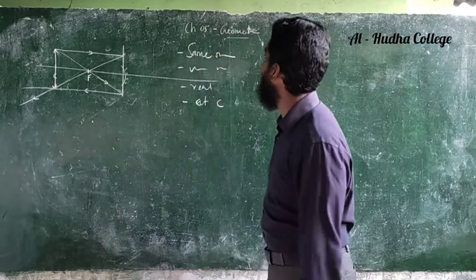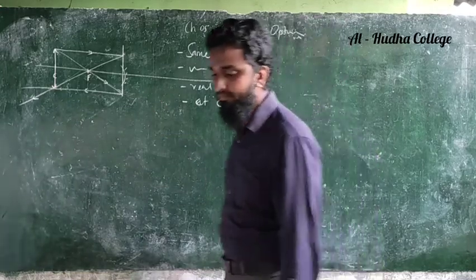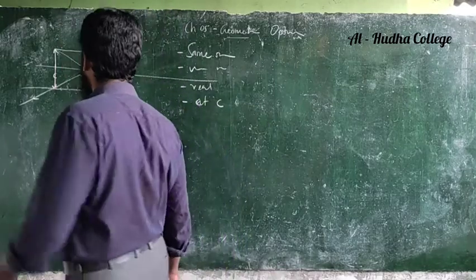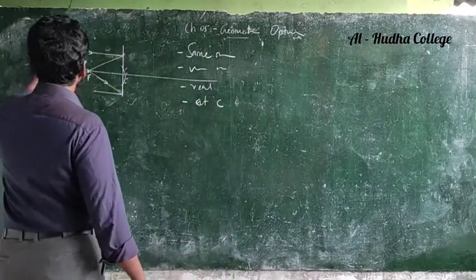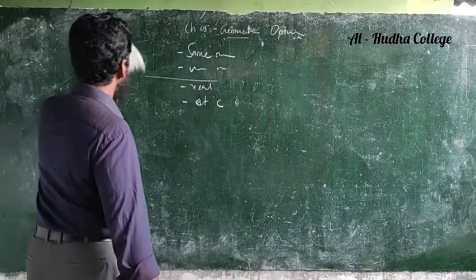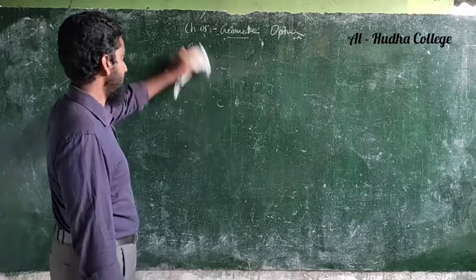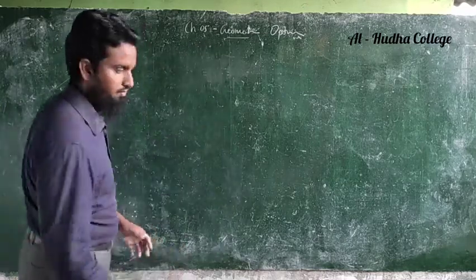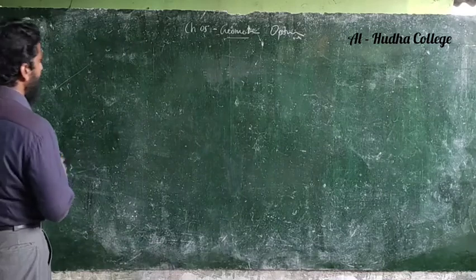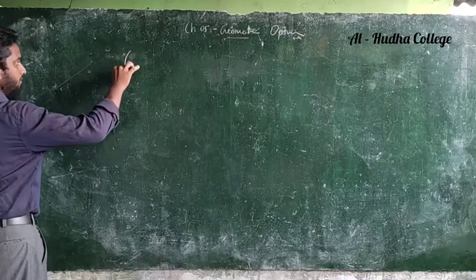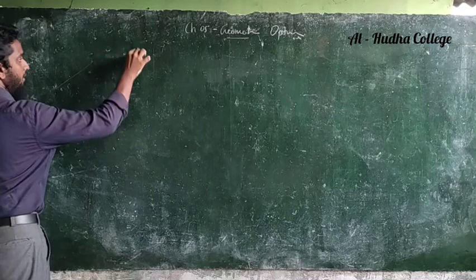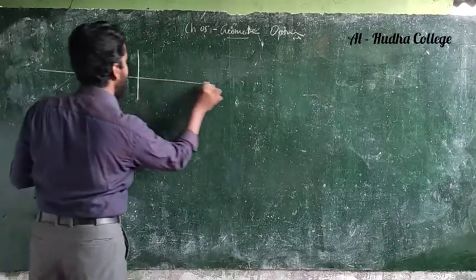This is the image formed in the curved mirror, the concave mirror. And for the convex mirror, we consider the ray diagram in the convex mirror.